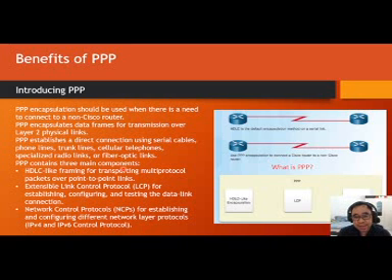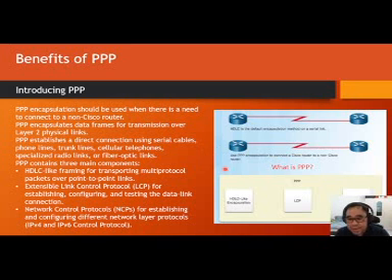PPP contains three main components. HDLC-like framing for transporting multiprotocol packets over point-to-point links. Extensible Link Control Protocol, LCP, for establishing, configuring, and testing the data link connection. Network Control Protocols, NCP, for establishing and configuring different network layer protocols, such as IPv4 and IPv6 control protocol.